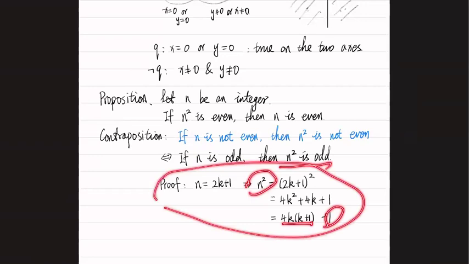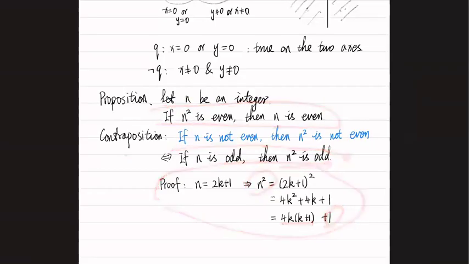The direct proof of the contraposition gives a proof of the initial proposition. So we call this proof by contraposition.